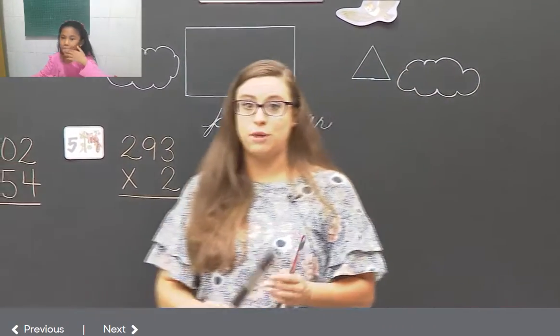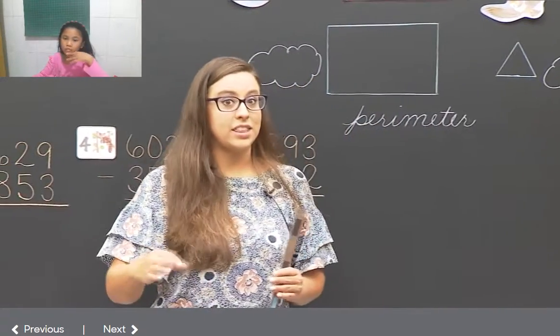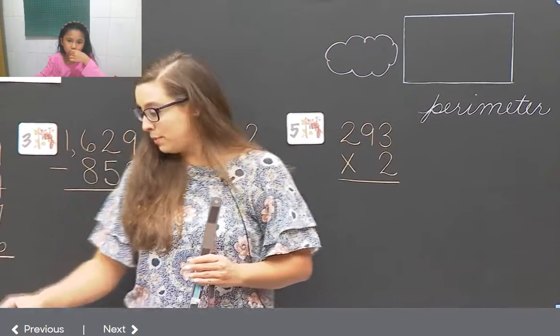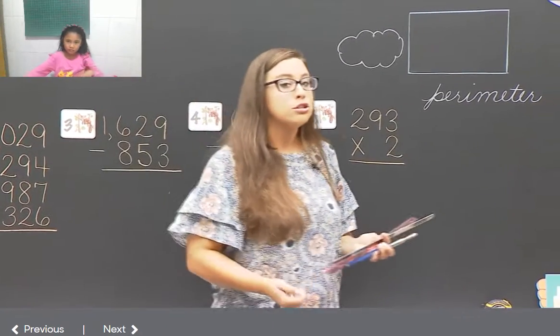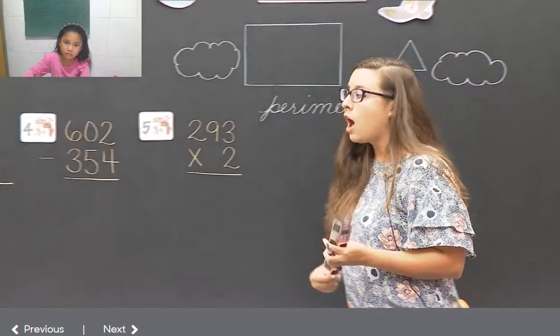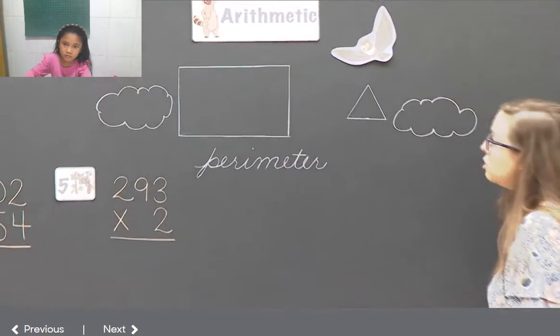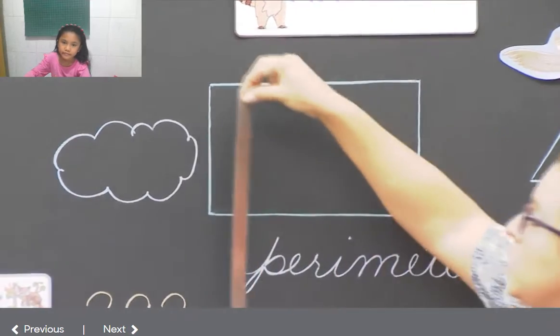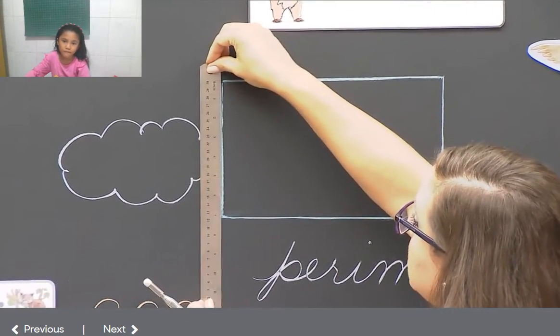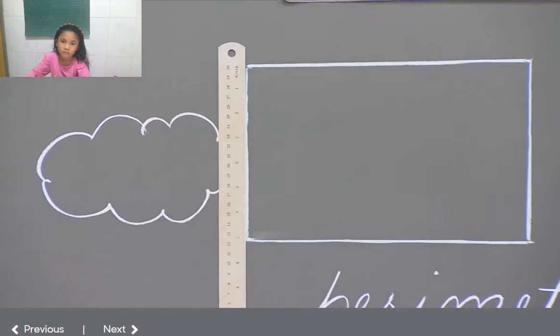Now to find the distance around a shape, if I'm going to get the length of every single side, I'm going to end up having 4 numbers. So let's take a look at this first side. I'm going to use my ruler to measure the length of the first side. I need to make sure that I start with the 0 and place it at the top and go from top to bottom.